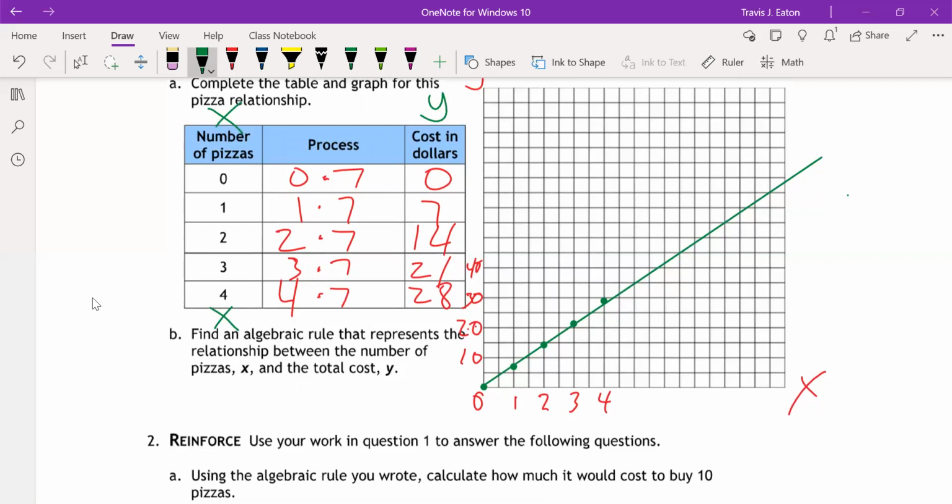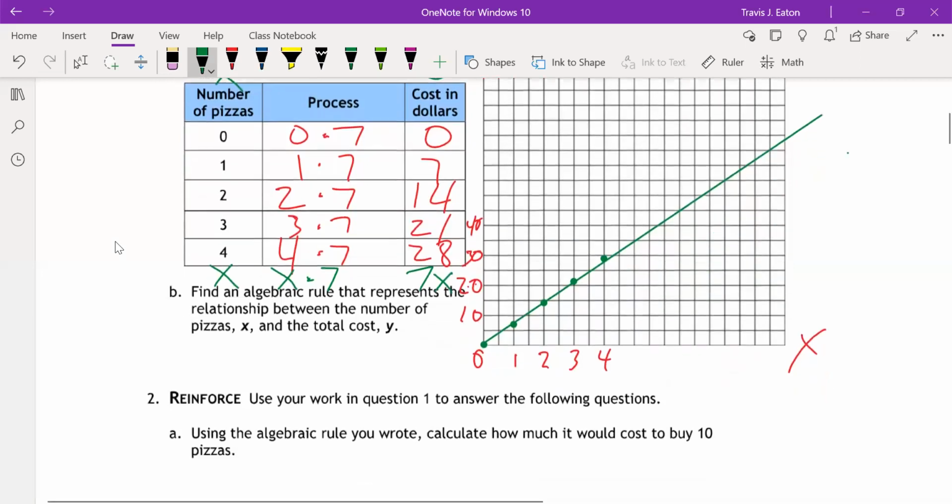Well, if you looked at this, the first one is 0 times 7, 1 times 7, 2 times 7, 3 times 7, 4 times 7. And then if it's x, well, then that would be x times 7. But what is x times 7? Well, that would be 7x, right? X times 7 is 7x written properly.